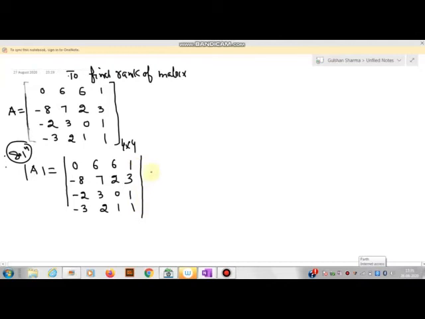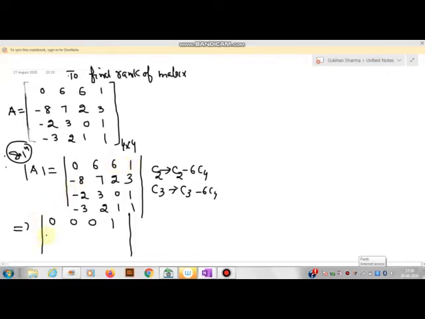I am applying the operations C2 minus 6 times C4, and then C3 minus 6 times C4. So what I get is 0, 0, 0, 1, because I want to make 0 here.